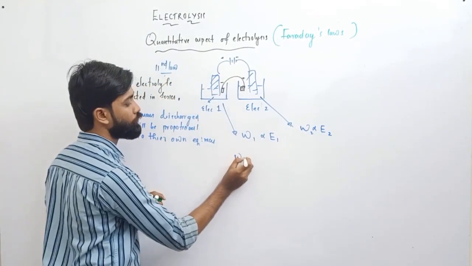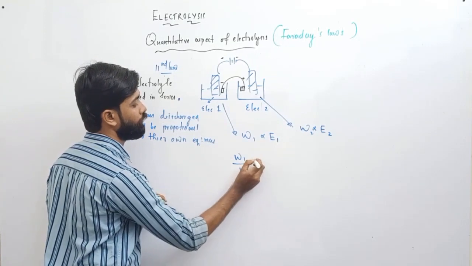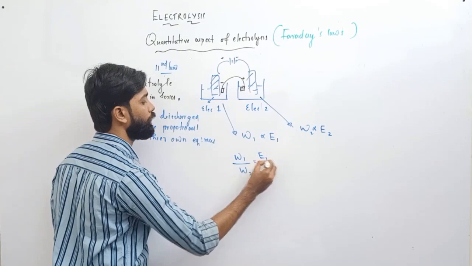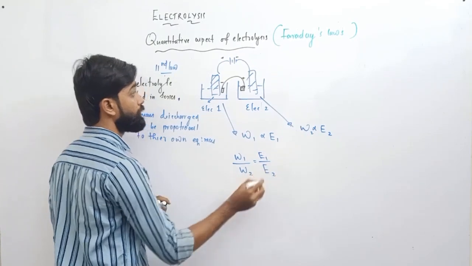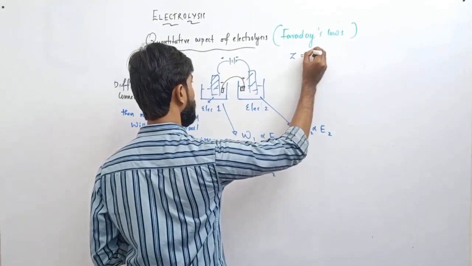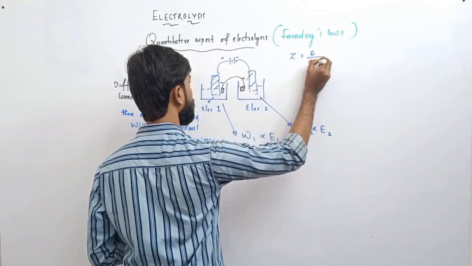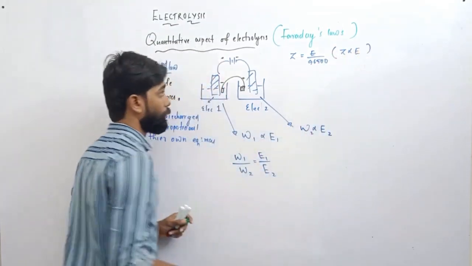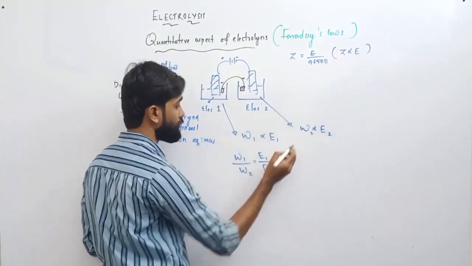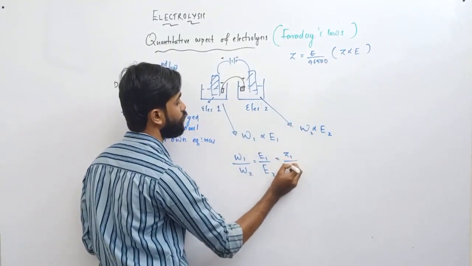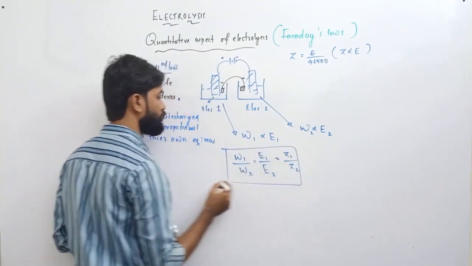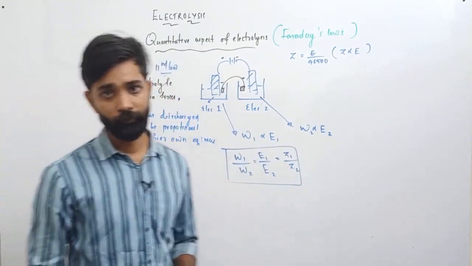Then the ratio W1 by W2 will be E1 by E2. Since we know that Z equals E divided by 96500, Z is proportional to E, so this ratio will be equal to Z1 by Z2. This is the numerical relation used in Faraday's second law.